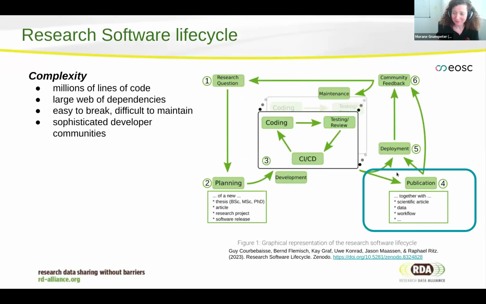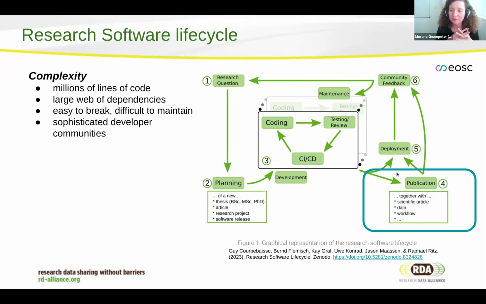So this is new. I never used this figure before, and you will see that a lot of things in this presentation are things from EOSC reports. Here it's the EOSC task force. One of the task forces produced this report showing the research software lifecycle.